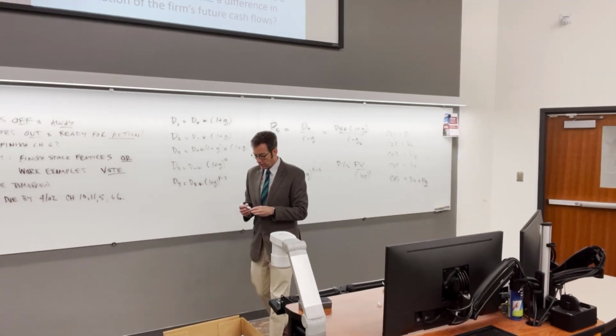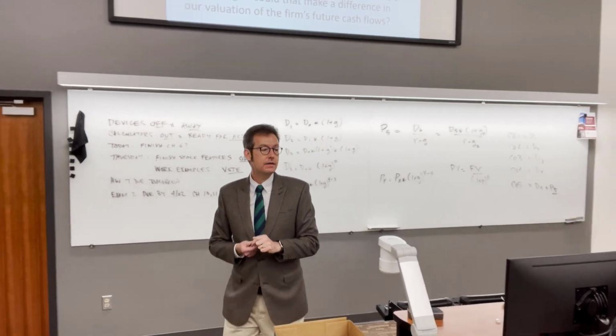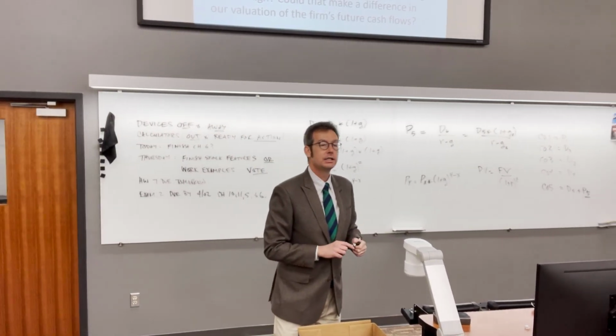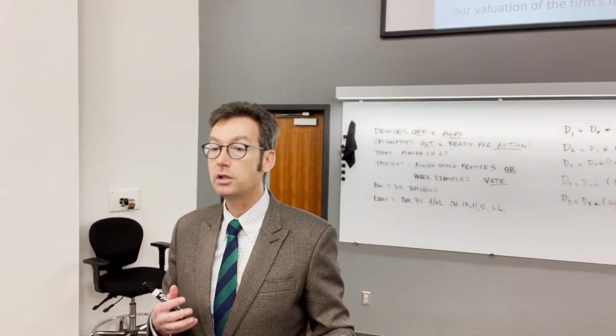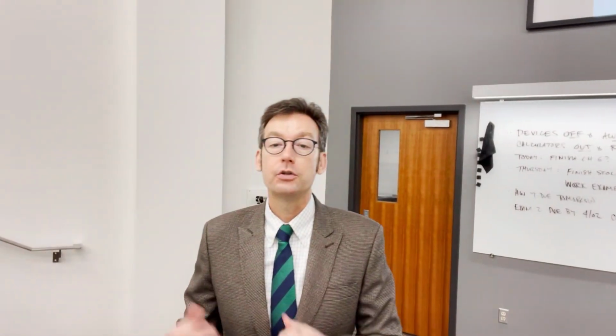Now let's talk about what's more dangerous. If I overestimate g, then I've overestimated R and I've underestimated the present value of the future cash flows. So when I add all those things together and subtract out my initial investment, if it's still positive, then I'm perfectly fine. The problem comes if we overestimate g, and therefore overestimate R. We are underestimating the present value of those future cash flows.